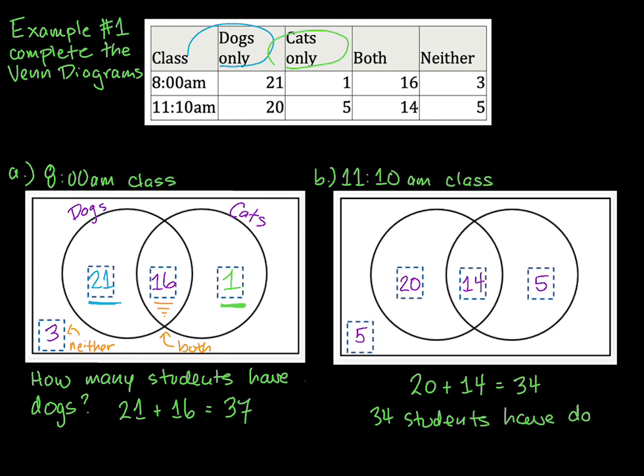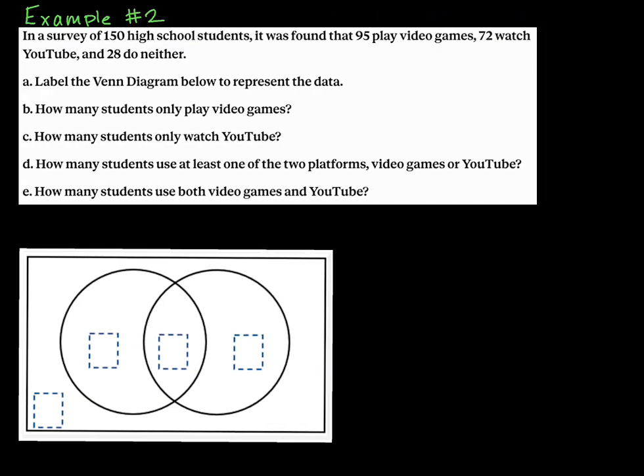Okay, but the table won't already be given to us exactly like this where we just pop it in. So here's another example. In a survey of 150 high school students, it was found that 95 play video games, 72 watch YouTube, and 28 do neither.